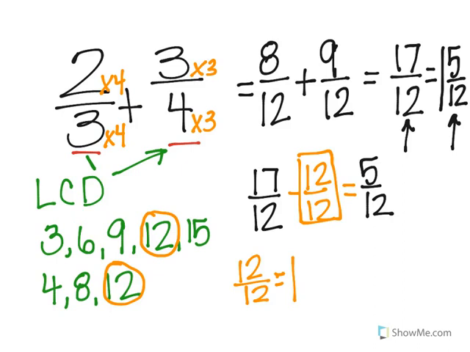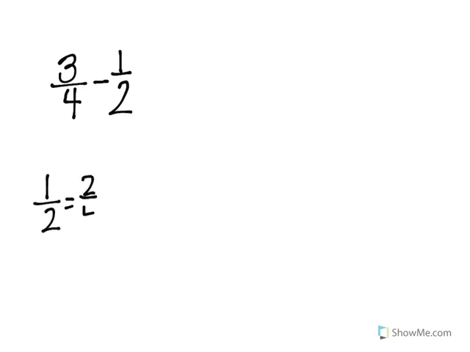All right, so let's look at one more problem as we go through. Let's look at a subtraction. Let's say that I have 3/4 and I want to subtract 1/2. Well, we could make equivalent fractions to do this because I know that 1/2 is the same as 2/4, which is also the same as 3/6.